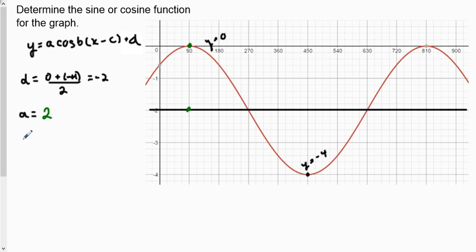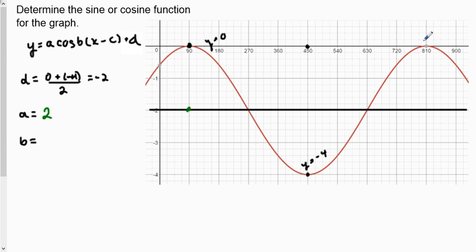Next, I want to find the b value. So the normal period for a sine or cosine function, if we're looking at degree measure, would be 360 degrees. So if this had a normal period, if I started at 90, I would expect to see another maximum here at 450, because those are separated by 360 degrees. But I don't. What I do see is about half my graph.